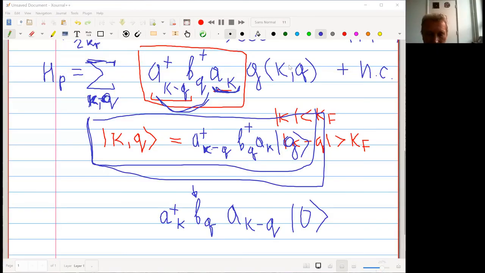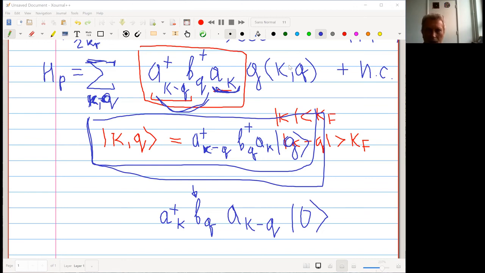It was an answer to my question, but then why do they show up in the operator? Let us see. Let me look at this expression again. How is momentum related to creation and annihilation?